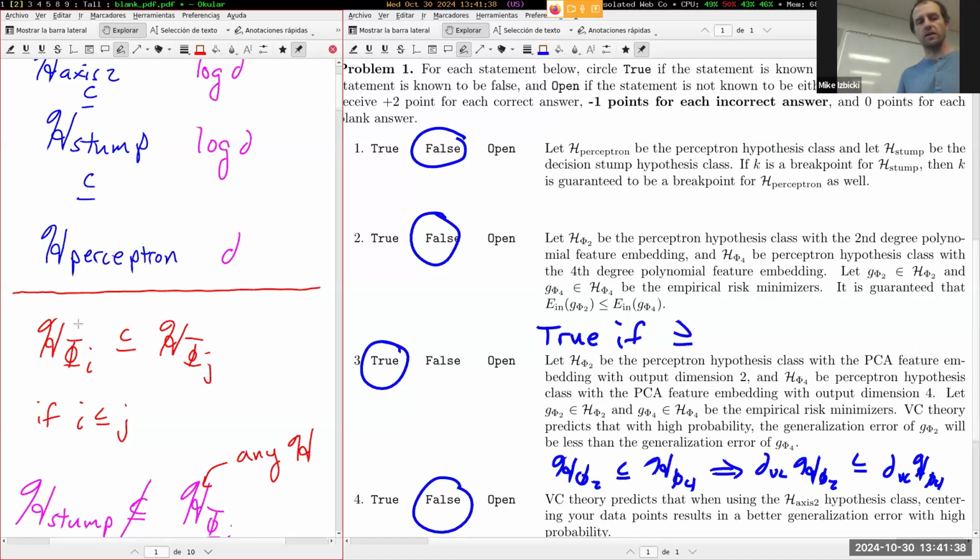And the new question is, what if our base hypothesis class down here was the stump instead of the perceptron? At that point, we could glue together with the stump up here and say that the H stump with the second degree polynomial feature map is a superset of H axis 2, but we would not be able to say anything about its relationship to H perceptron.